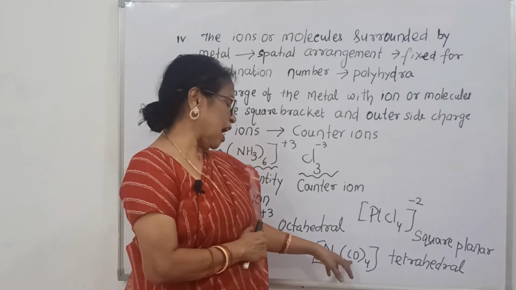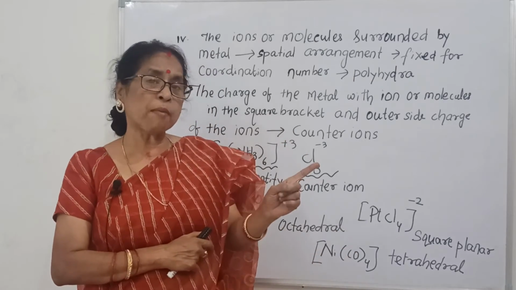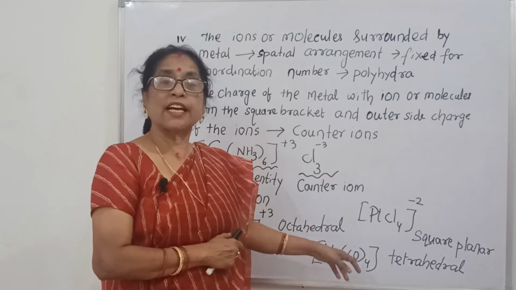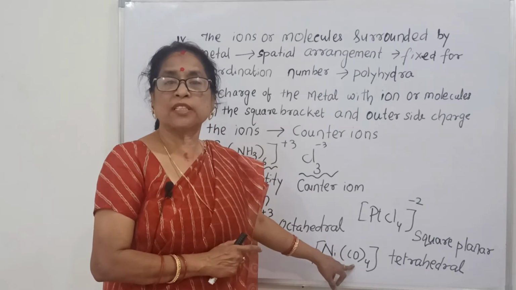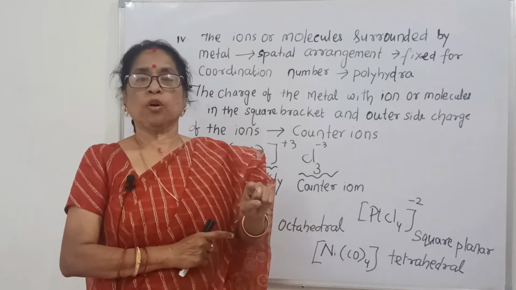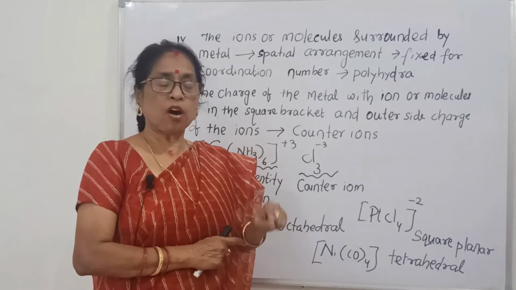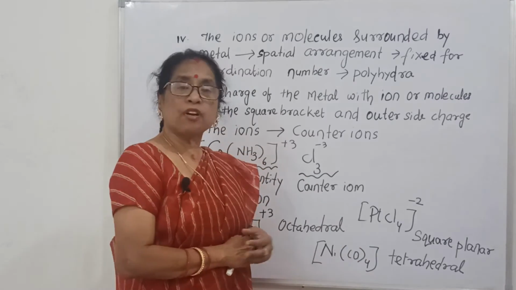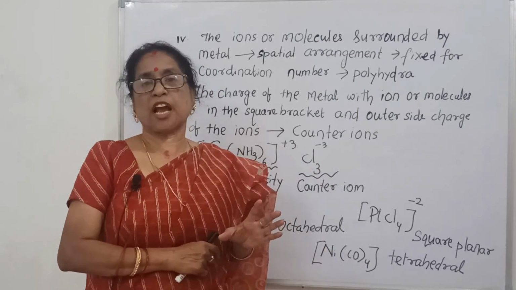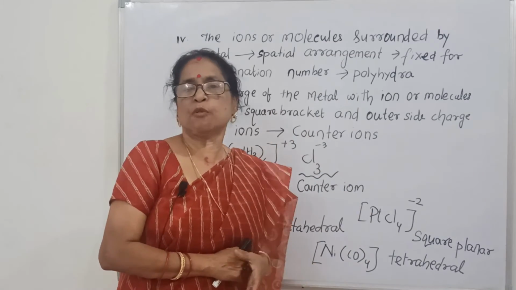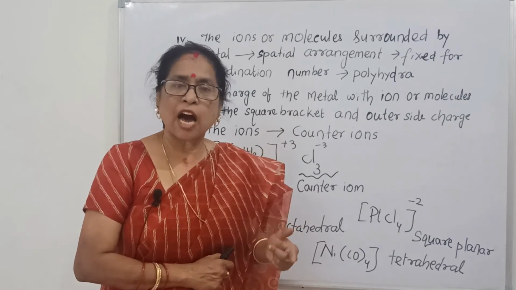Similarly, nickel, and this CO means not cobalt, this is carbonyl, tetracarbonyl. Here C is capital and O is capital, that is CO. C means carbon, O means oxygen, and there are 4 carbonyl groups. This is not called carbon monoxide; in a coordination compound it is called carbonyl.